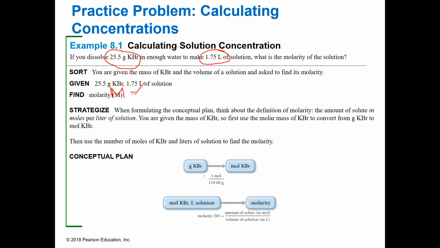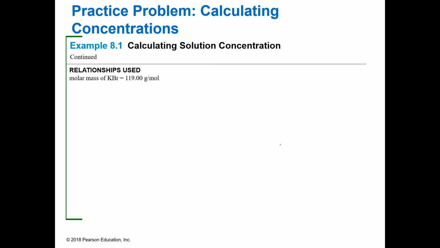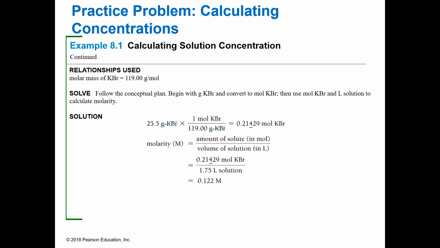And then I can take my moles of my solute and divide it by the liters of solution. And I'm given the amount of solution already in liters. So we'll have our moles of potassium bromide, using my molar mass in that conversion. So I have 0.214 moles.